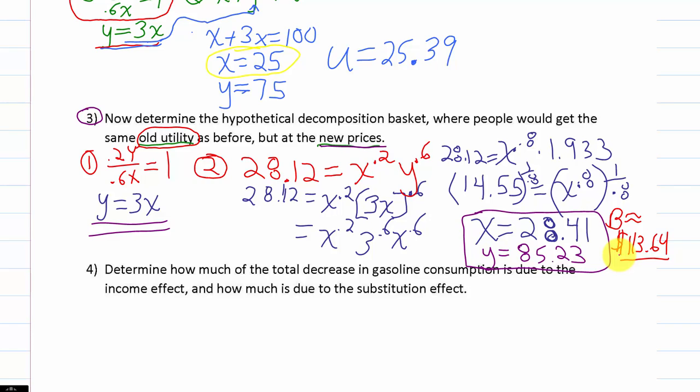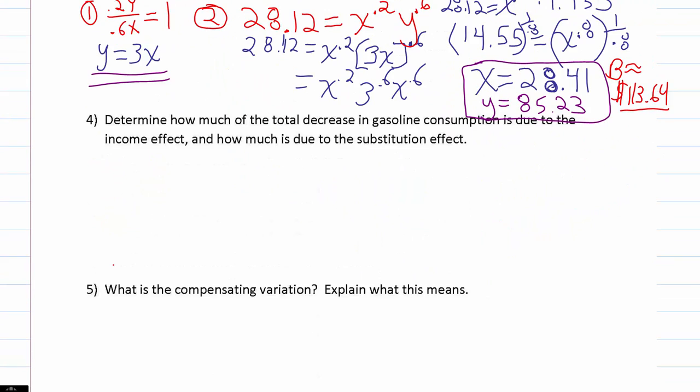All right, let's graph this hypothetical or decomposition basket solution on our graph. Why? Well, because it does two things. It helps us make sure that our answer is correct, make sure we didn't make any kind of mathematical mistakes, and second, it helps us visualize the income and the substitution effect. So let's go down to our graph and graph this. $113.64 is our budget.